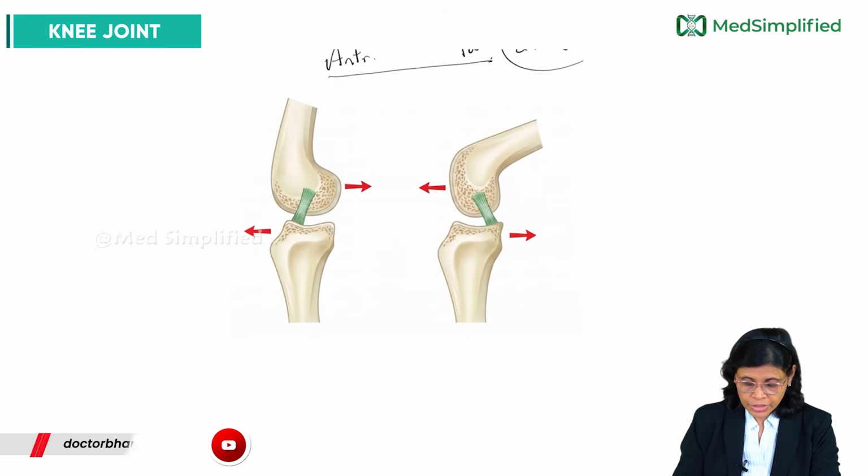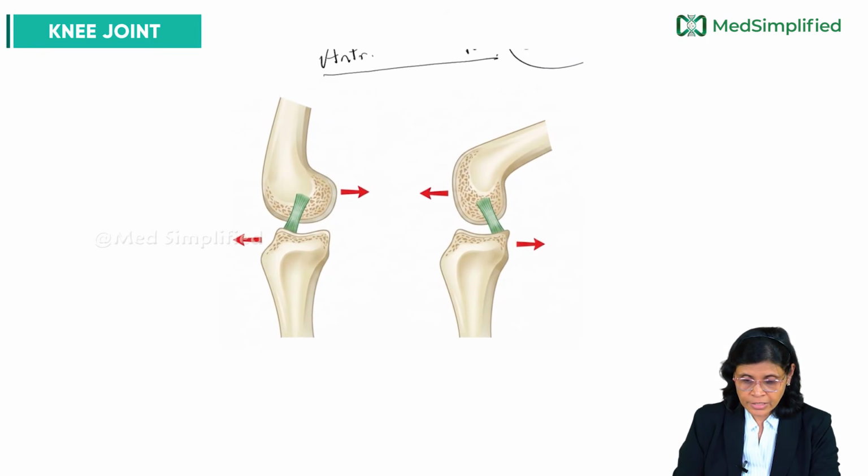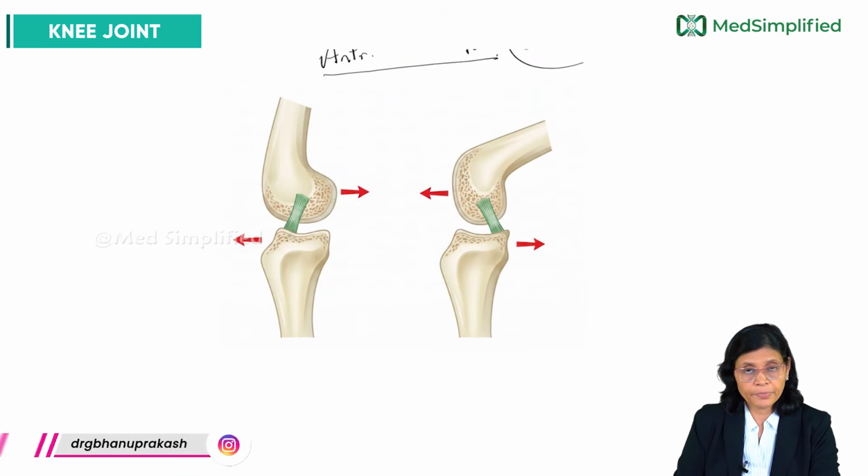So the anterior cruciate ligament, if you see, is attached below to the anterior part of the intercondylar area of the tibia. From there it runs upwards, backwards and laterally.